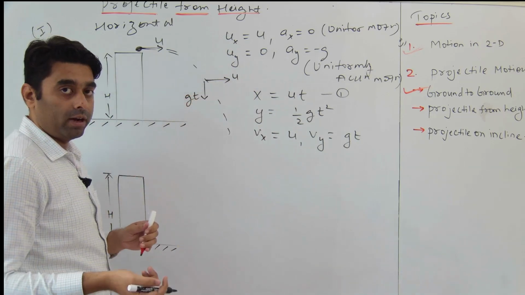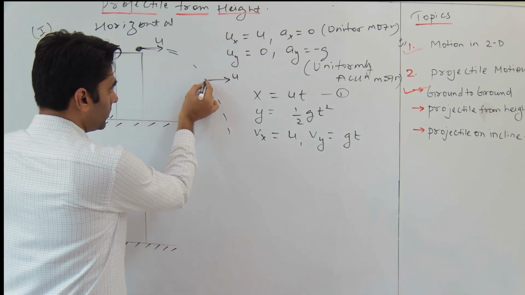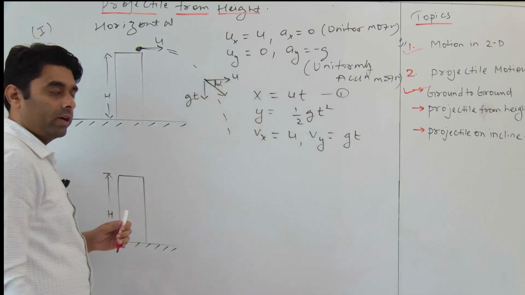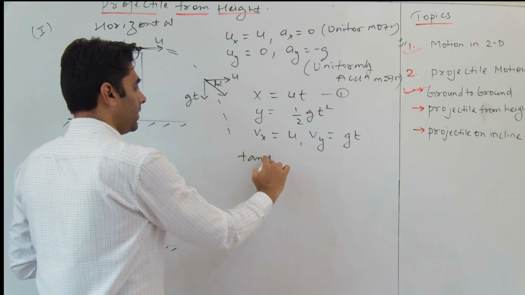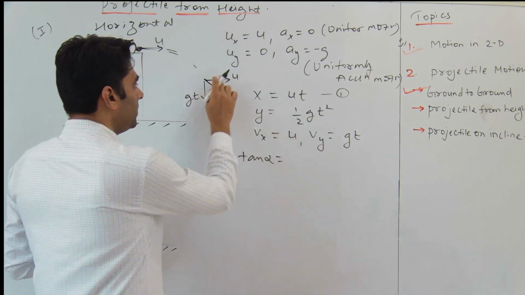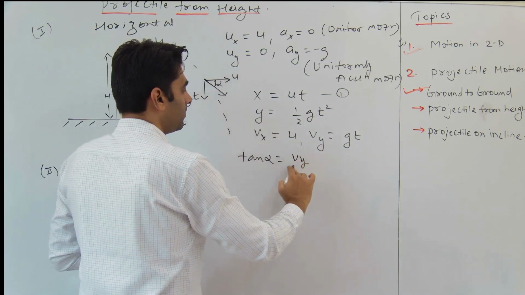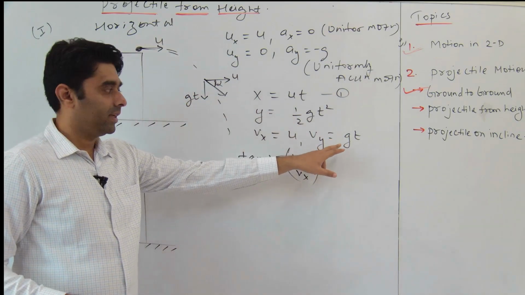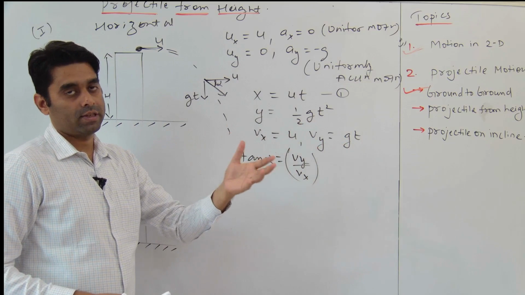If we find out the angle, what can we write? Let's say this is the resultant velocity, with angle alpha made with the horizontal. Tan alpha will be Vy by Vx. Vy at any time t is gt, and Vx is constant, which is u.